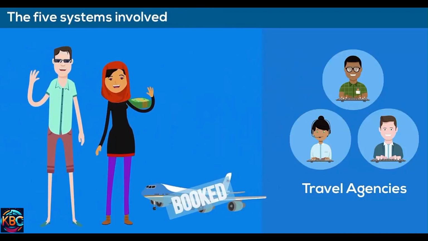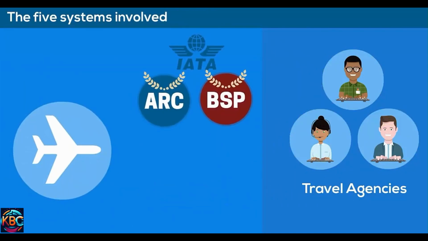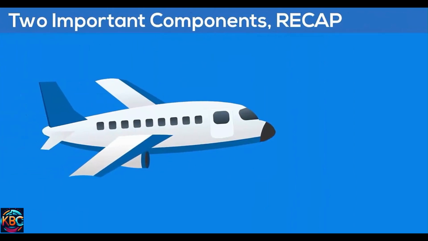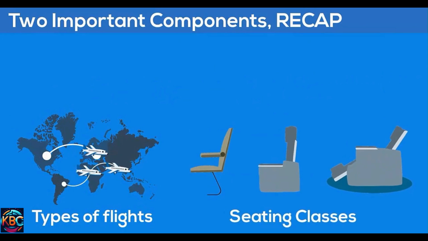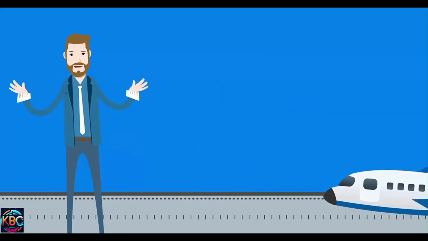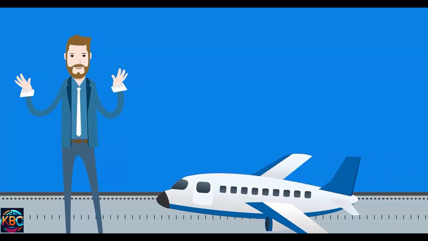The travelers pay the travel agencies, who in turn pay the airline through the IATA-formed regulatory bodies known as ARC or BSP. A few important components to understand when booking a flight include the types of flights, like a non-stop or a connecting flight, and the seating classes, such as first, economy, or business class. Now that you know more about airline bookings, you can be better equipped for work in the travel industry.